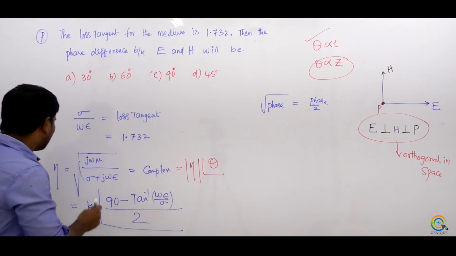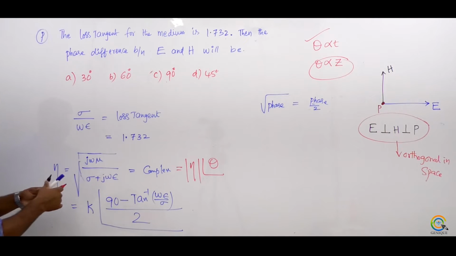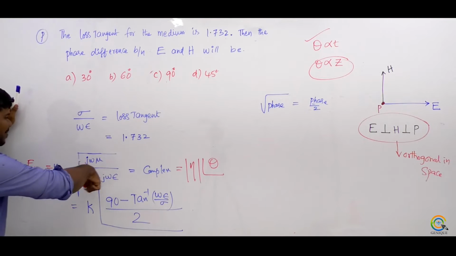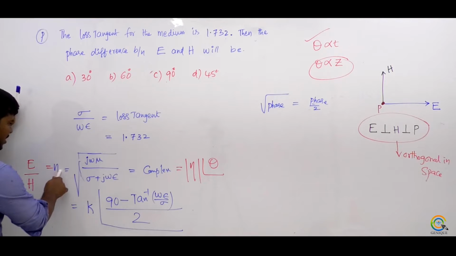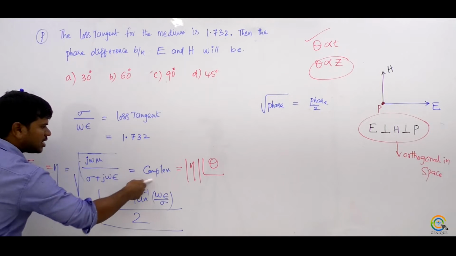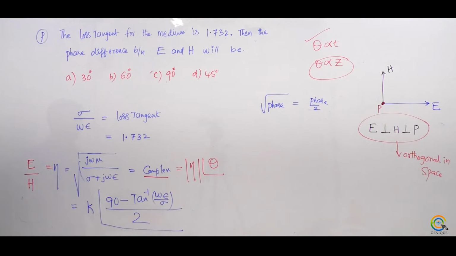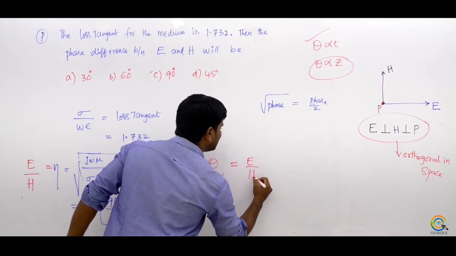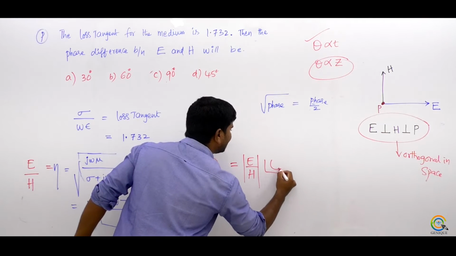But we know that eta is equivalent to E by H. So what is E by H? It is equal to this one. E by H equals eta, but it is equal to this one, which means E by H is also complex. So I can write this is equivalent to E by H mod at an angle theta.